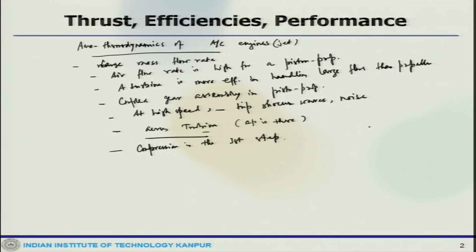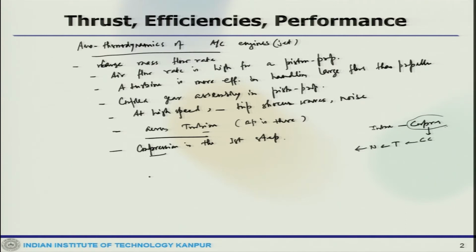It comes to intake, then to compressor, then combustion chamber, then turbine, then nozzle, and then finally goes out. This compressor is very important, and mostly in gas turbines these are axial flow compressors, used in multiple stages, because with multiple stages we can get the desired, high pressure rise.